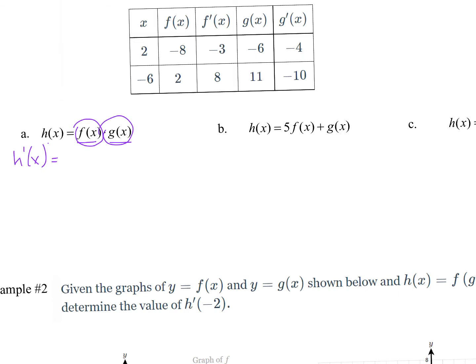The product rule is the derivative of the first times the second plus the first times the derivative of the second. Now I want h prime of 2, which means I need to put a 2 into each of those places where x used to be.